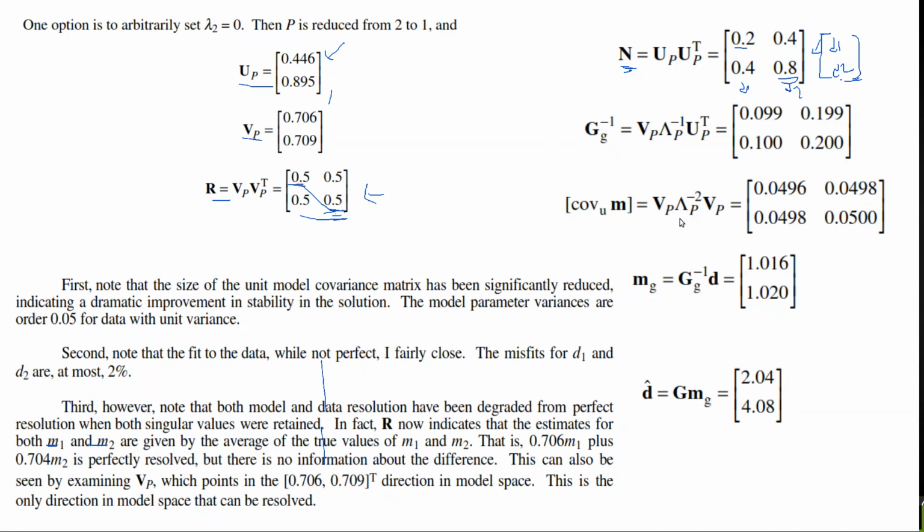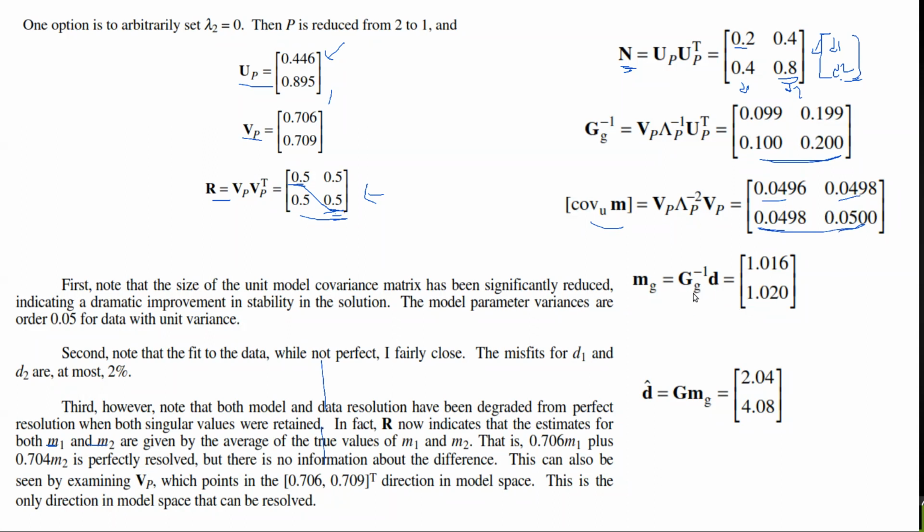In this case, our G inverse will be this matrix, and the unit covariance matrix will now be well behaved, okay? These are the variances, and these are the covariances, which is reasonable.